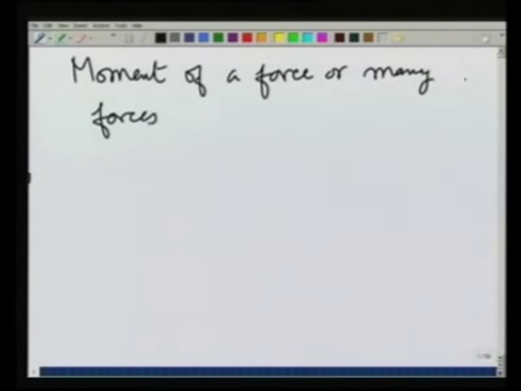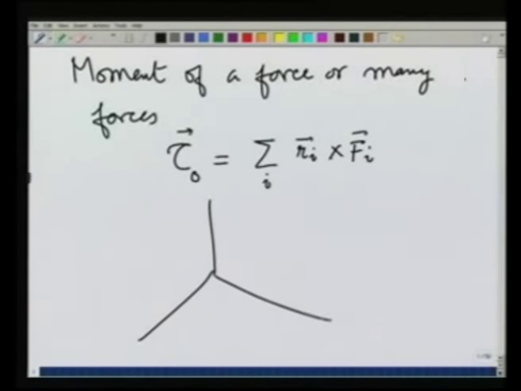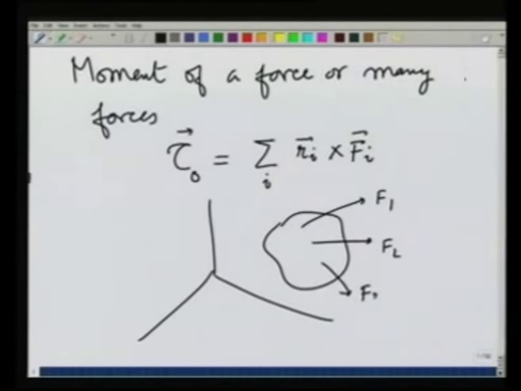What we have learned so far is that the torque about origin O, so that I will indicate by this, is R_i cross F_i, where we are applying these different forces F1, F2, F3 and so on about point O.